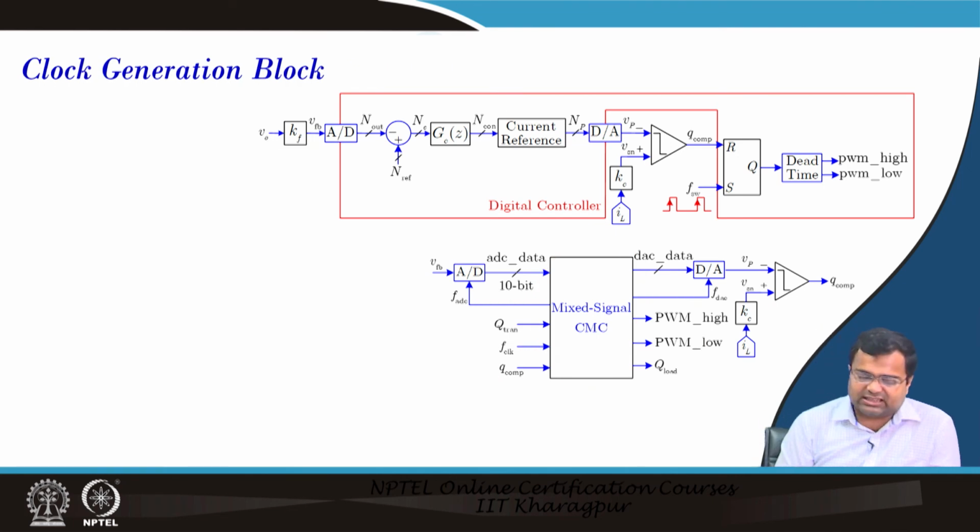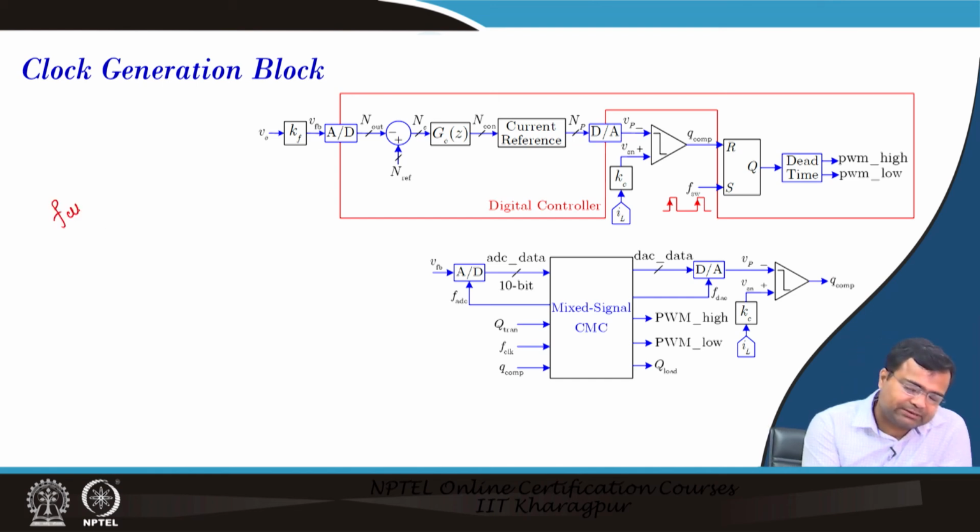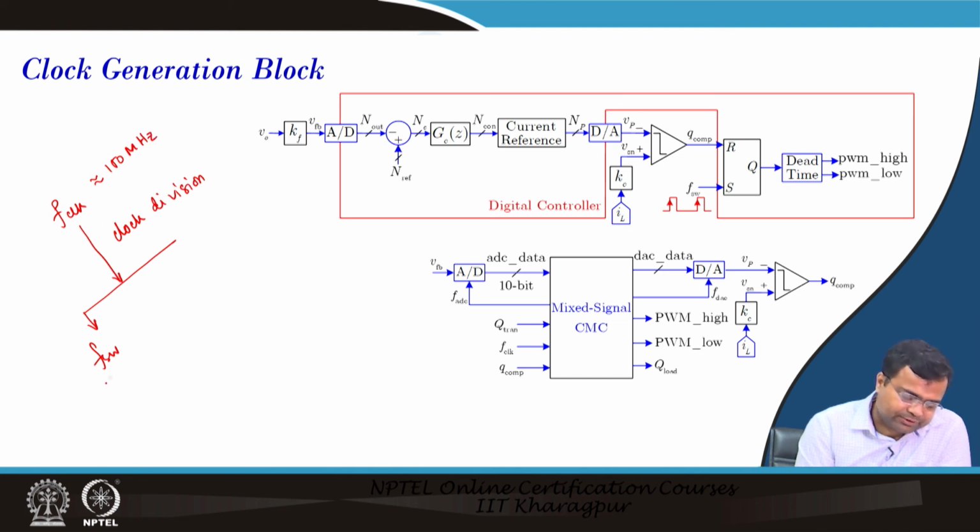Now, the clock generation block. What does it do? Its job is to take the high frequency clock, do clock division, and generate a switching frequency clock. This is a 100 megahertz clock, and here we need 200 kilohertz.